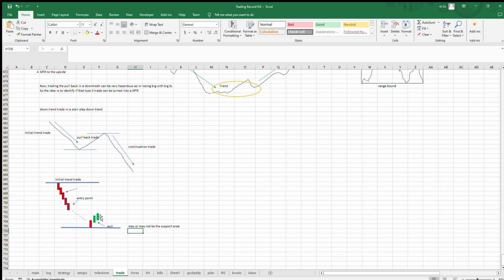And so it could do that, or it could just continue, keep going down. Just like that. It could either do this or it could do that. So based on here, what I would have to do is wait until here to make more sense.